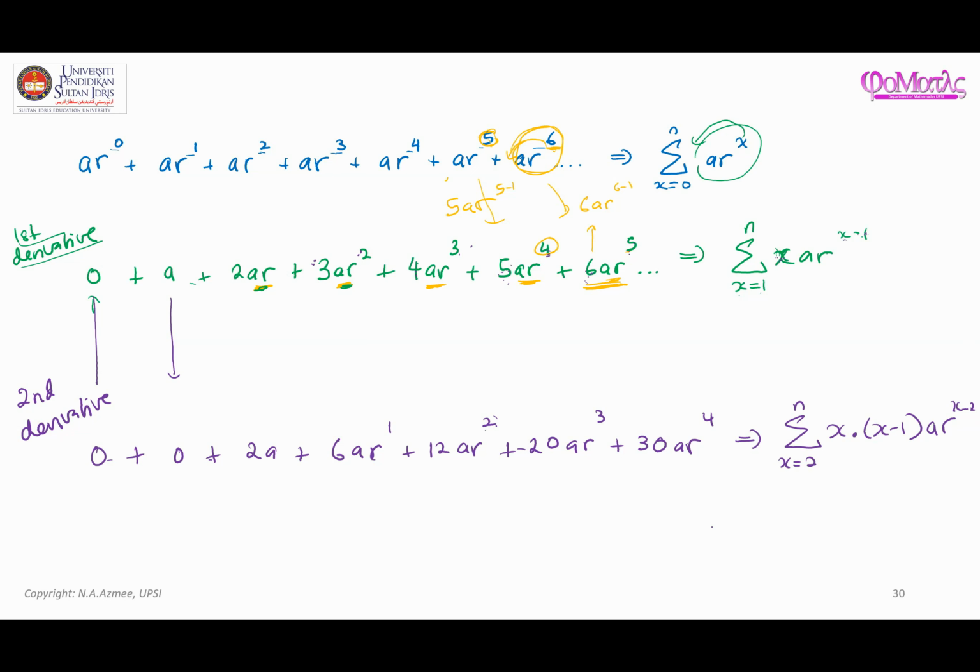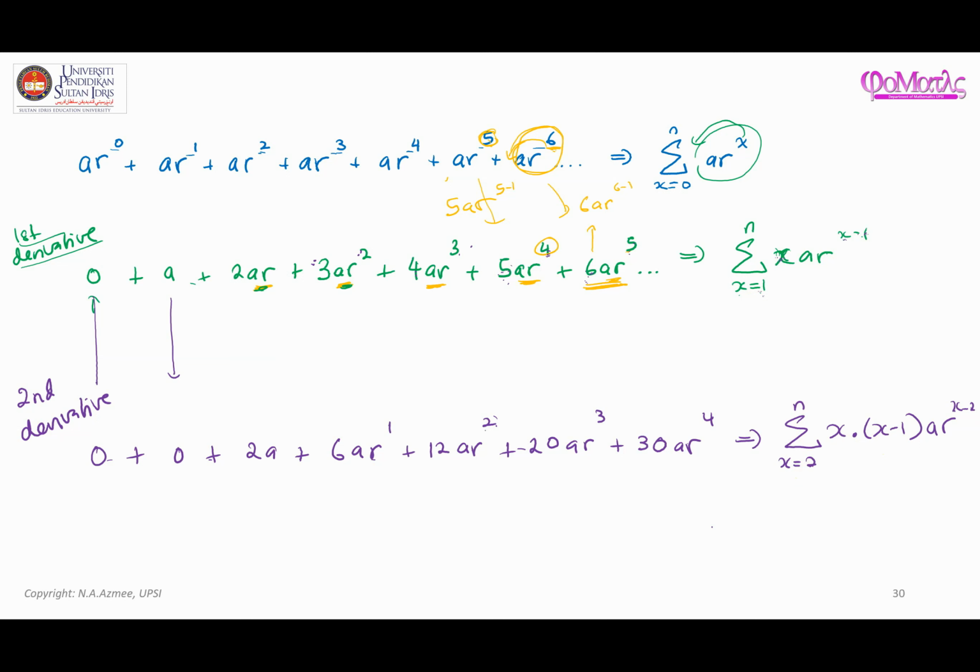All right, next, of course, you can also see that if x is equal to 1, this part here is going to be 0, so really nothing much can be said about that. And similarly, if x starts from 0, then this one here will become 0, and not much can be said about it as well. So x has to begin from 1 for this one, and x has to begin from 2 for this one right here. Okay.